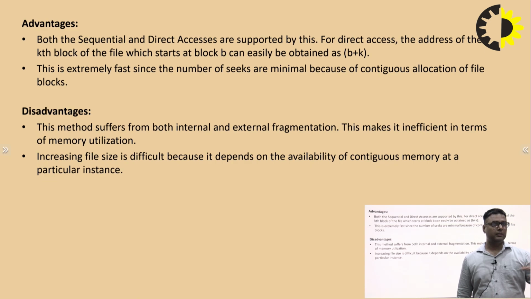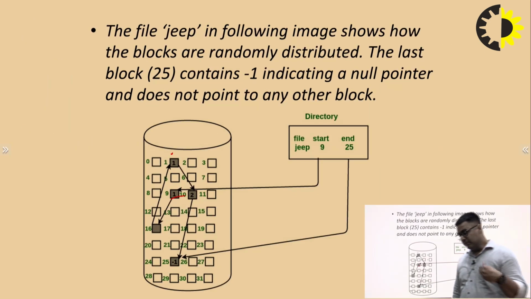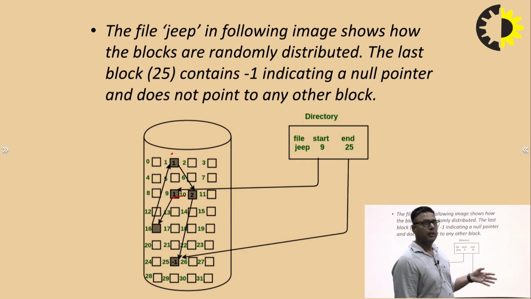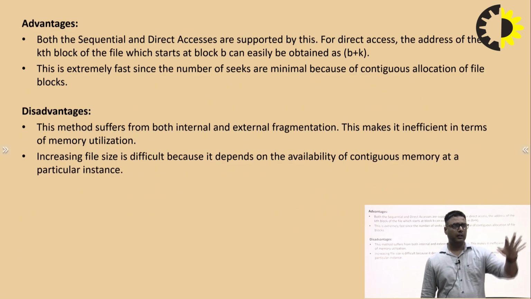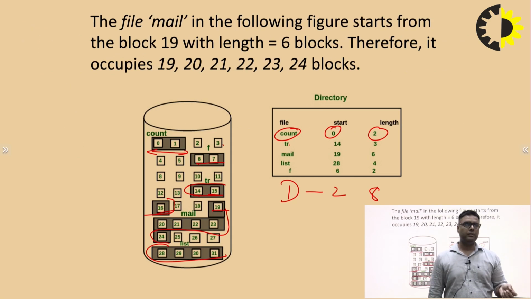So use different diagrams, explain easily, and get maximum marks in these types of questions. Most of the time in the 5th unit, these questions are available in university papers. So be prepared. Okay, thank you.